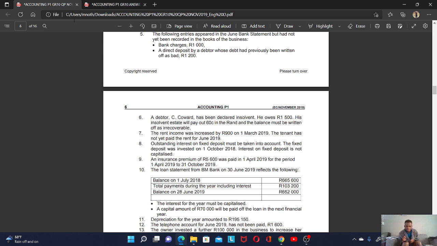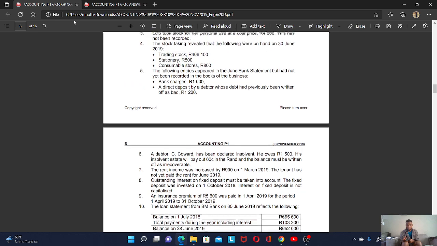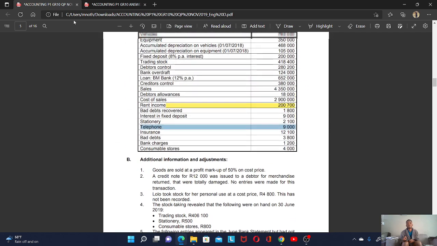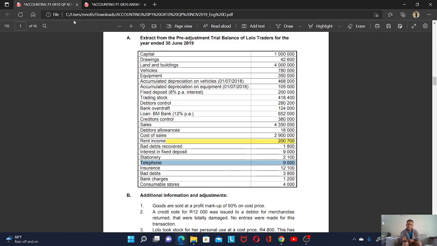The year end is 30 June 2019. This means that this fixed deposit stayed from October, November, December, January, February, March, April, May, June: 9 months.